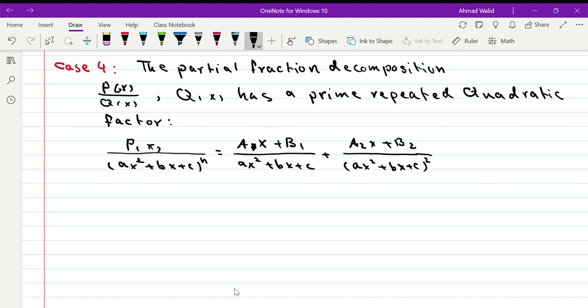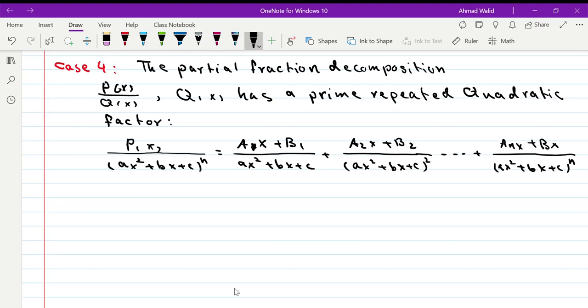And if you have more, the last one of course will be anx plus bnx over ax squared plus bx plus c to the power of what? N.